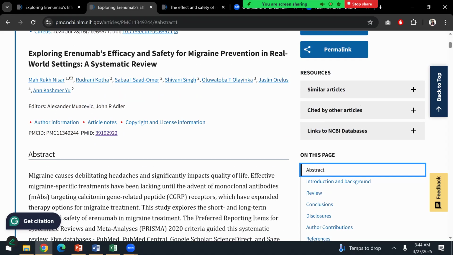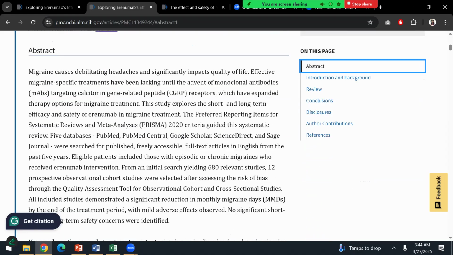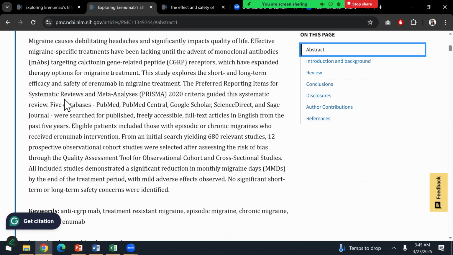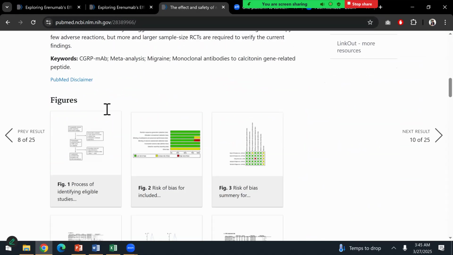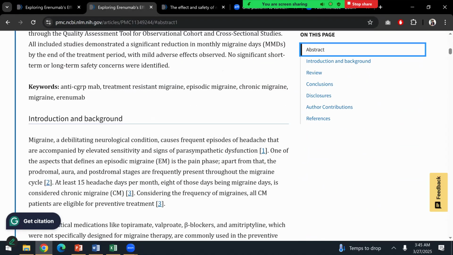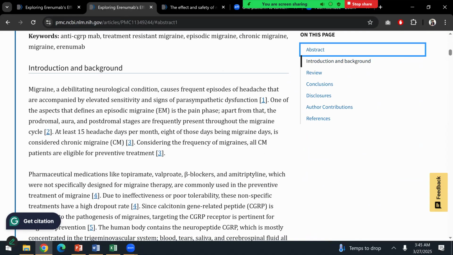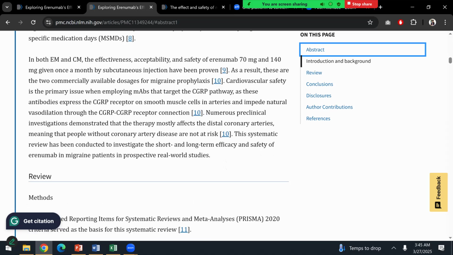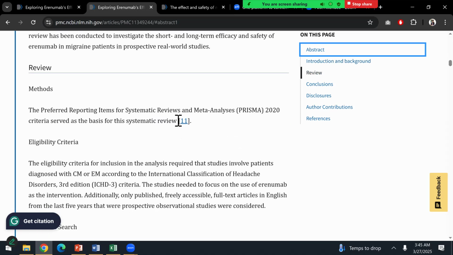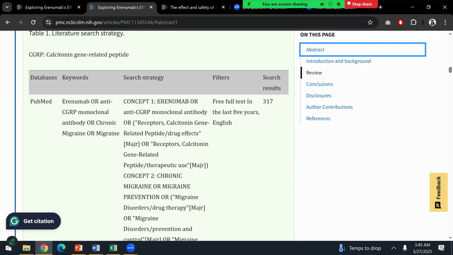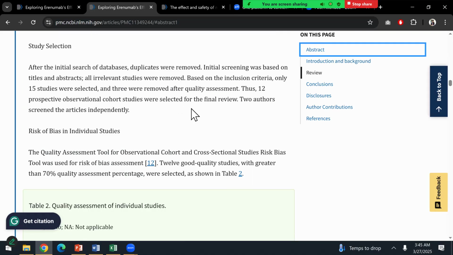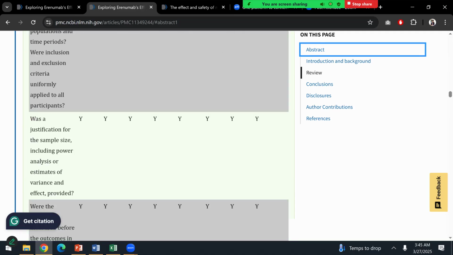And then we were talking about organization. So first is abstract, that I told you that you would write a structured abstract like this. And then keywords, and then introduction and background. Then method section: your eligibility criteria, your literature search strategy, study selection, risk of bias in individual studies.